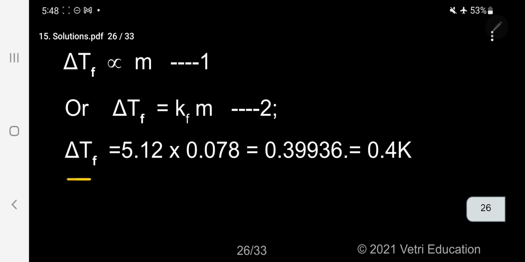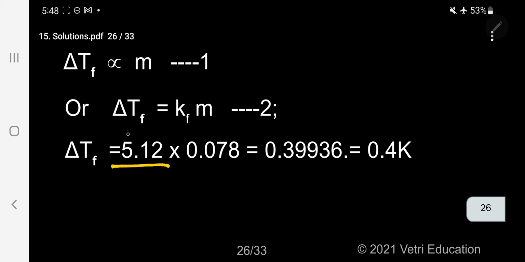Now, they are asking for delta T, which is T0 minus T. That's a pressing point. Kindly follow. The value of Kf is given, and m is given.